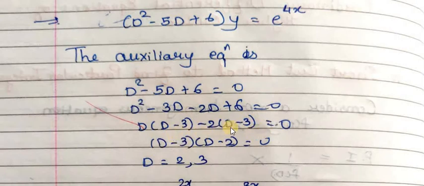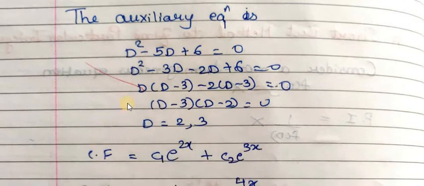Now again taking common D minus 3, in one bracket we have D minus 3, and in the other bracket D minus 2, equals 0. Equating these two factors to 0, we have D = 2 and D = 3. Here we are getting two distinct values of D, and both are real values.